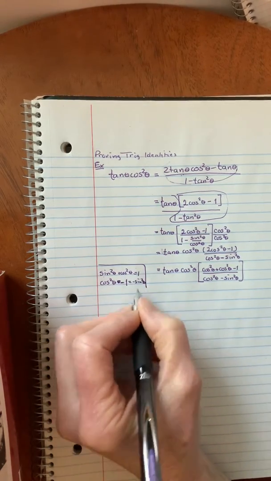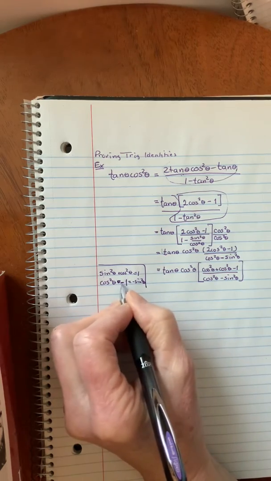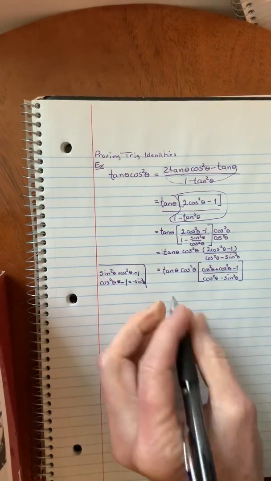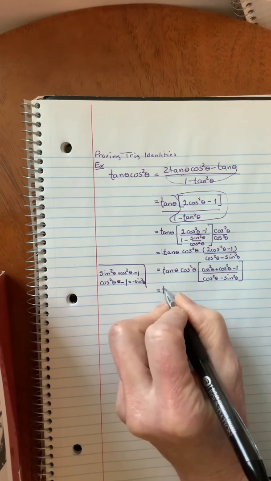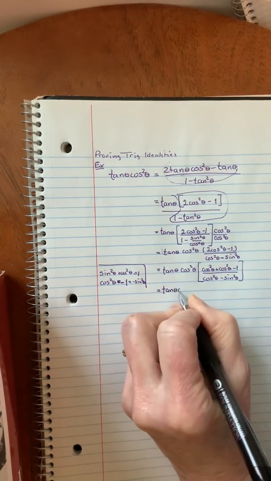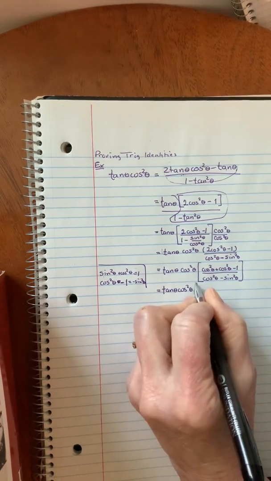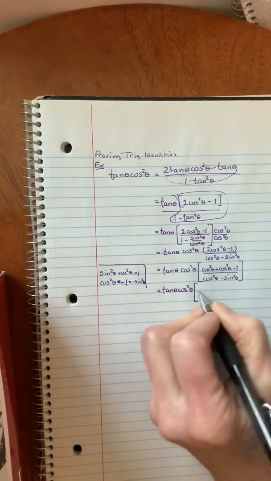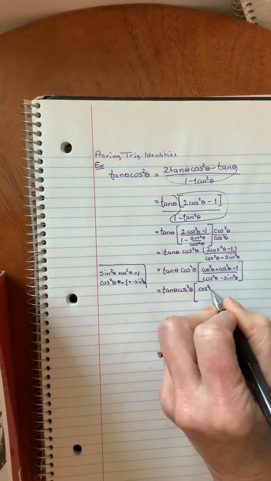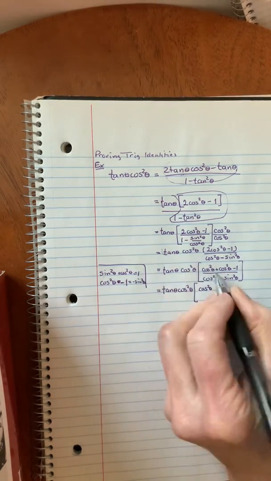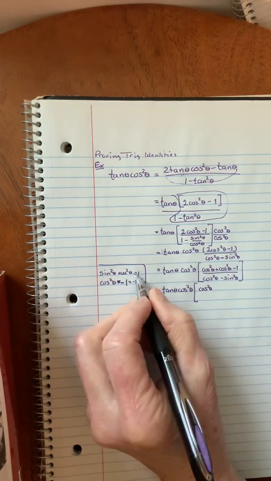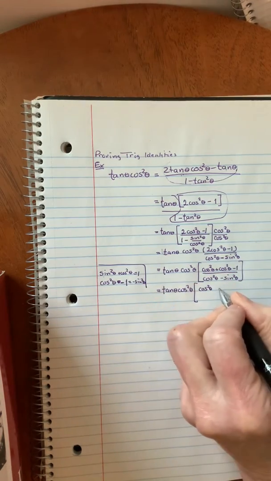There's a little algebra there, but cosine squared of theta minus 1 equals minus sine squared of theta. So this is equal to tangent of theta, cosine squared of theta, and then here I've got cosine squared of theta. And then this thing I just worked on, cosine squared of theta minus 1, is equal to minus sine squared of theta.